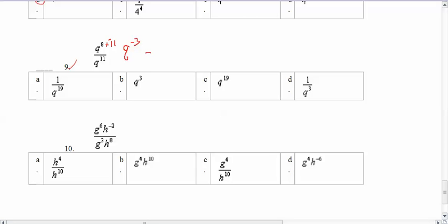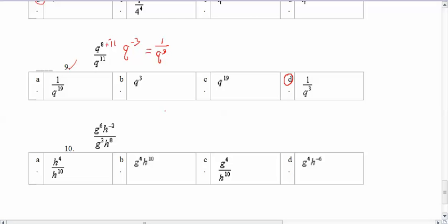Now I look, does it have Q to the negative 3? It doesn't, so I need to simplify it one more time and make it 1 over Q to the 3rd. Now I look to see if that's one of my choices, and it looks like it's all the way down here at letter D.